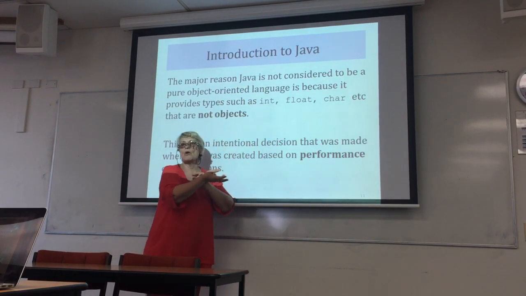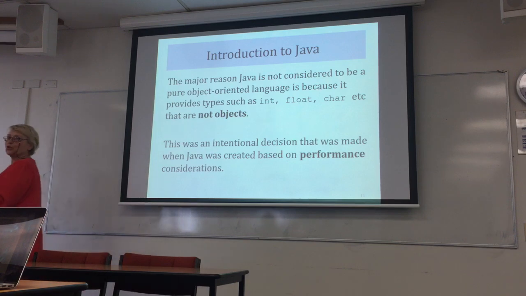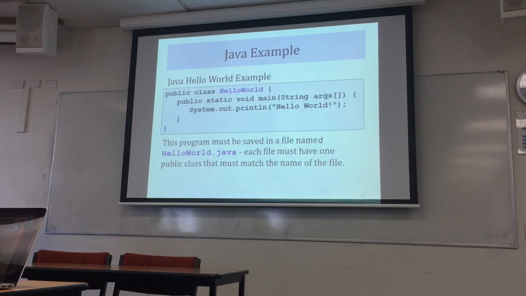It's just a wrapper around the primitive types, to allow templated classes working with integers, floats, chars, and so on. Right. So be aware of this. The only non-objects are variables of primitive types.